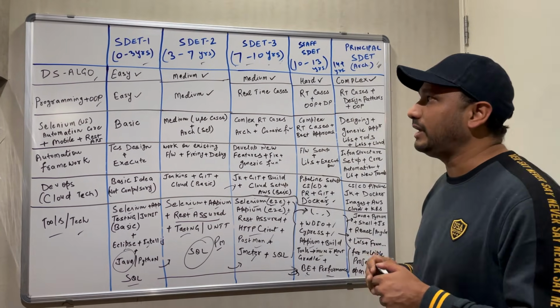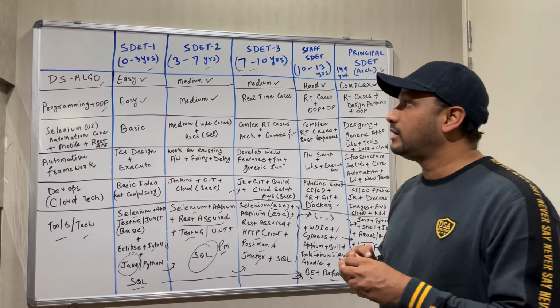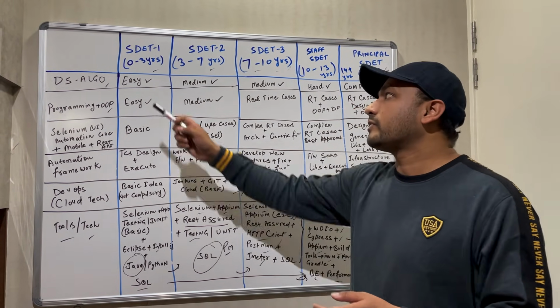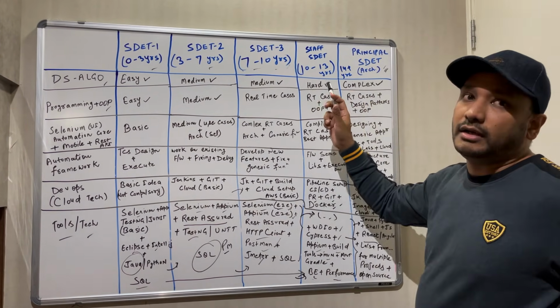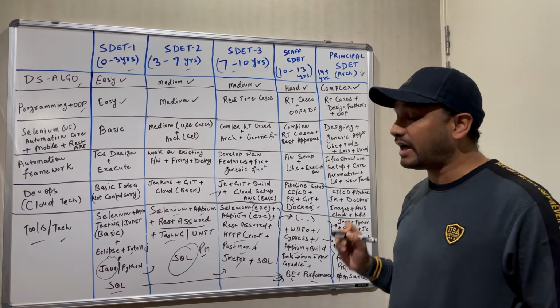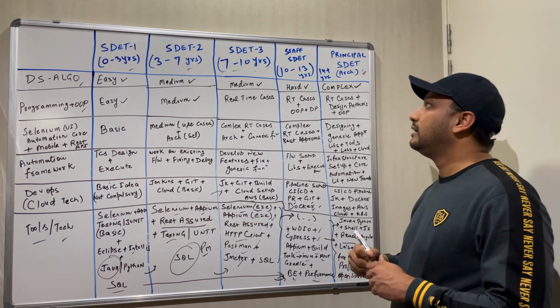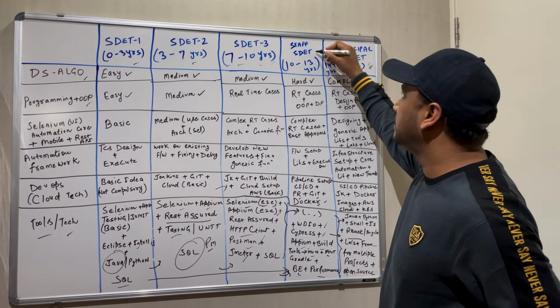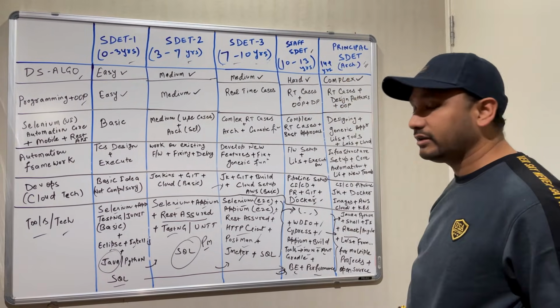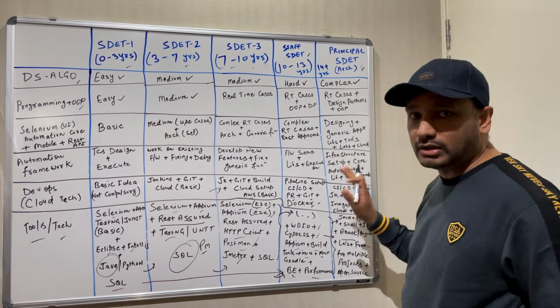And package wise, I'm not giving you any range, but in Bangalore or in really good cities or in the US, these people are making really good money, really good compensation, in really good companies. Still, I'll give you a simple example. Let's see one staff engineer who has the knowledge about all these things.